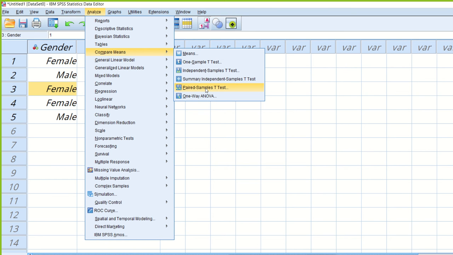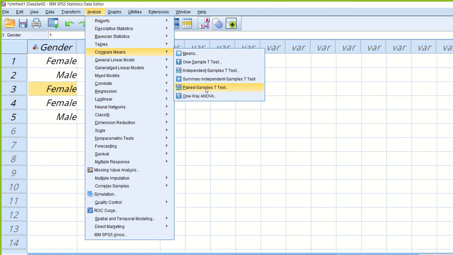Okay? For example, what is independent? Independent are female and male, two different groups. These are independent. Two different cities, Nicosia and Famagusta. These are independent, two different cities. Or two different medicines, okay?